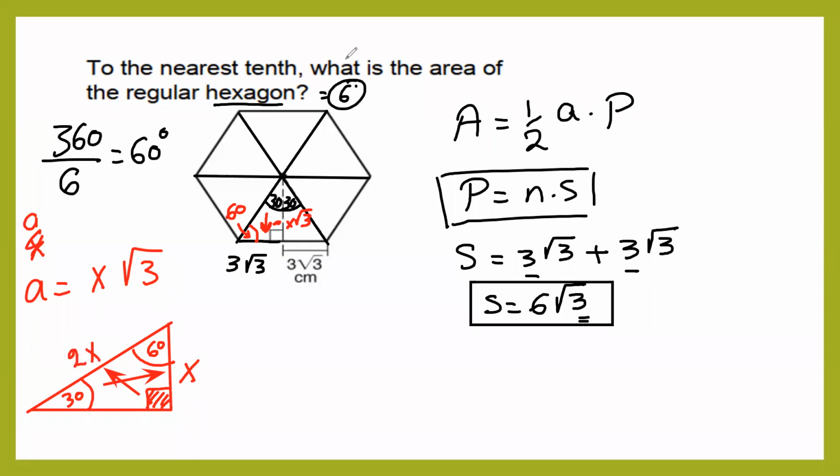And usually the opposite to the 60 is x square root of 3.